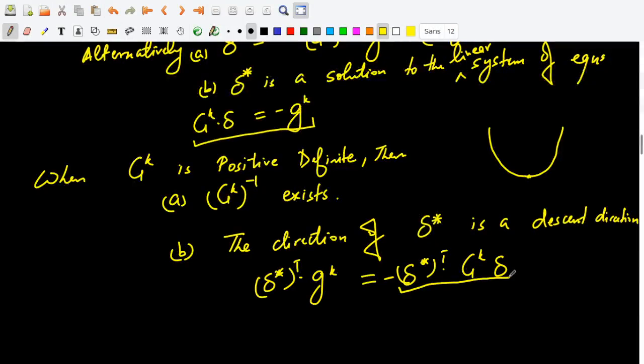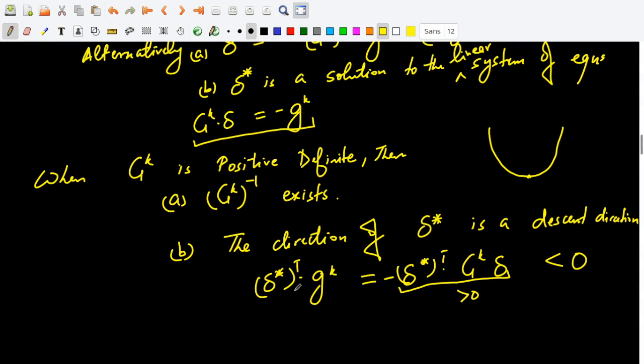Since G is positive definite, this term is definitely greater than 0. So overall this is less than 0, and if you remember your previous chapter, any direction is a descent direction if its product with the gradient is negative.